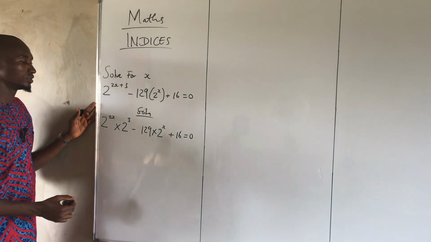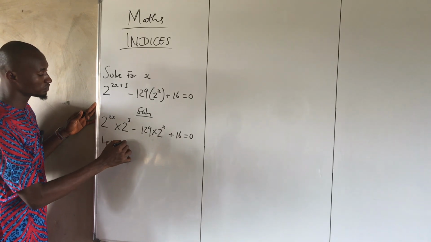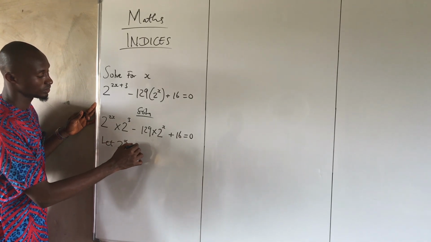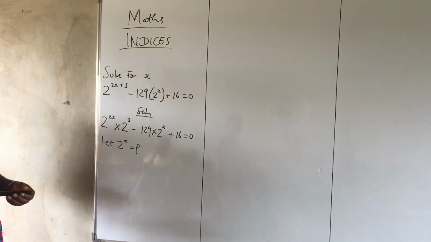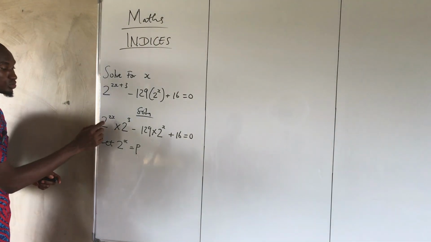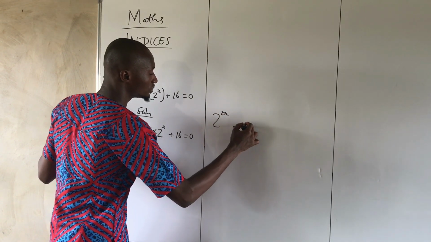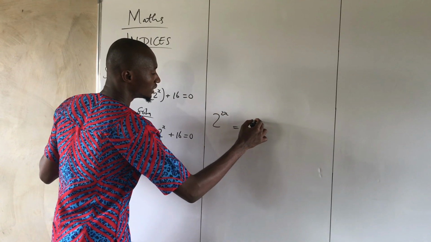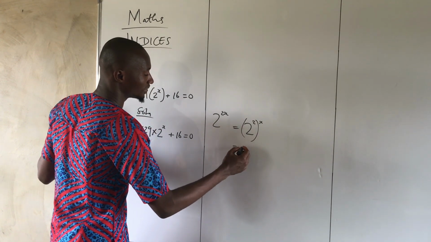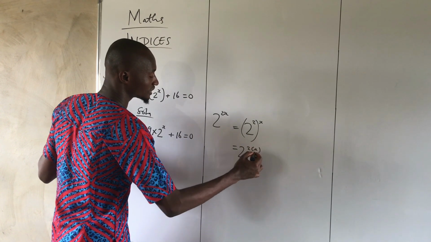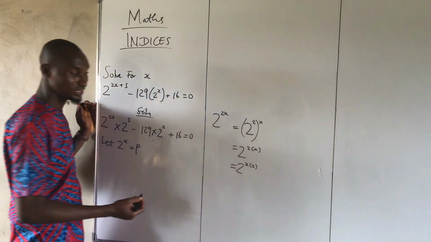Before we go on, we say let 2 raised to the power x equal p. So anywhere you see 2 raised to the power x, you call it p. But before that, I want to help you dissect this: 2 raised to the power 2x means 2 raised to the power x, all squared.